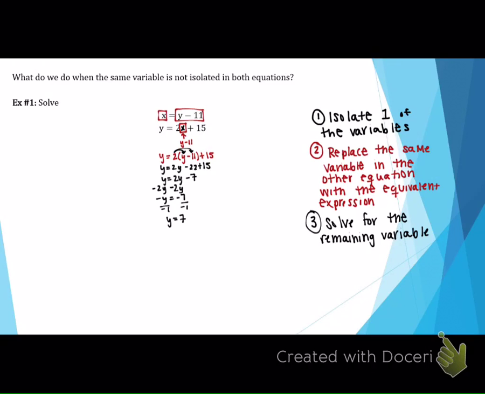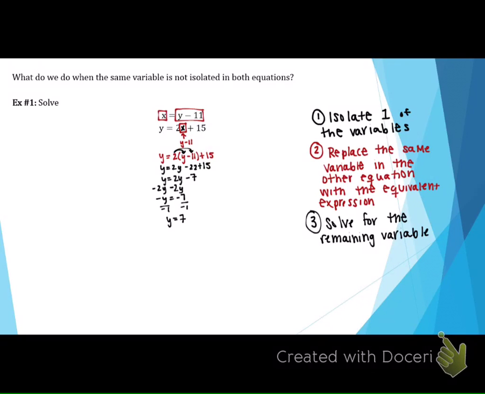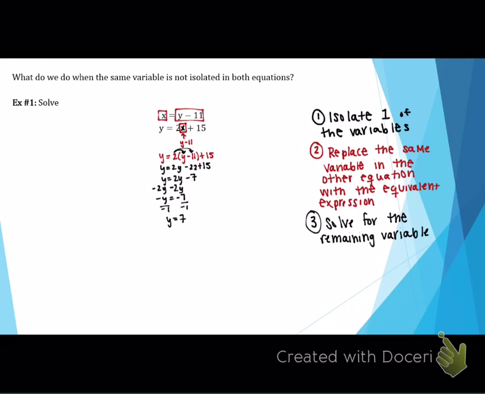Yeah, and it actually doesn't matter which equation you choose. You can plug it into either one, but I would think that the first equation is easier because x is isolated in that one.